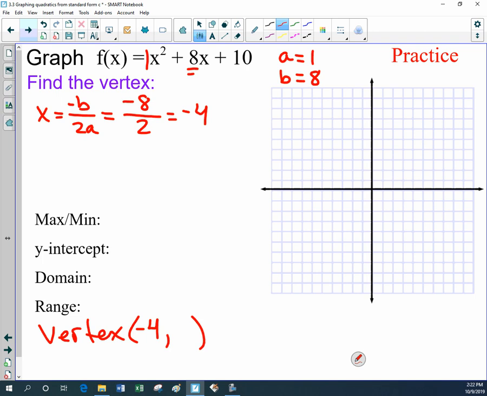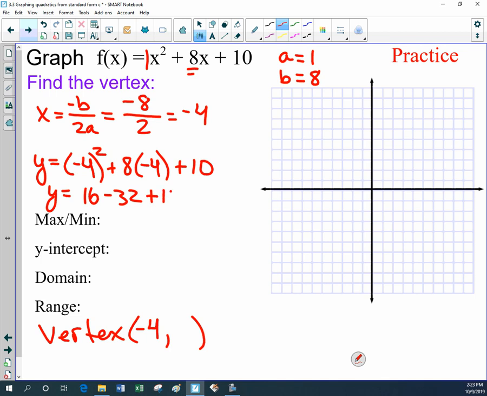And now we're going to find y, and we find y by plugging -4 into the equation. So we would have -4 squared plus 8 times -4 plus 10. So -4 squared is 16. 8 times -4 would be -32, and then plus 10.